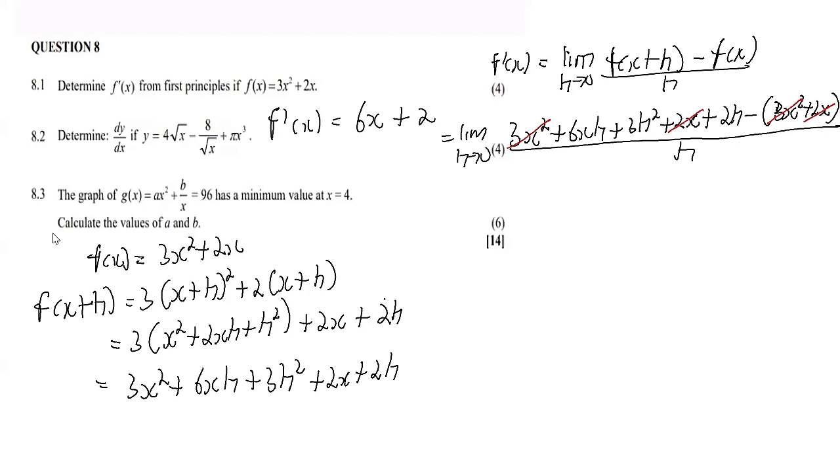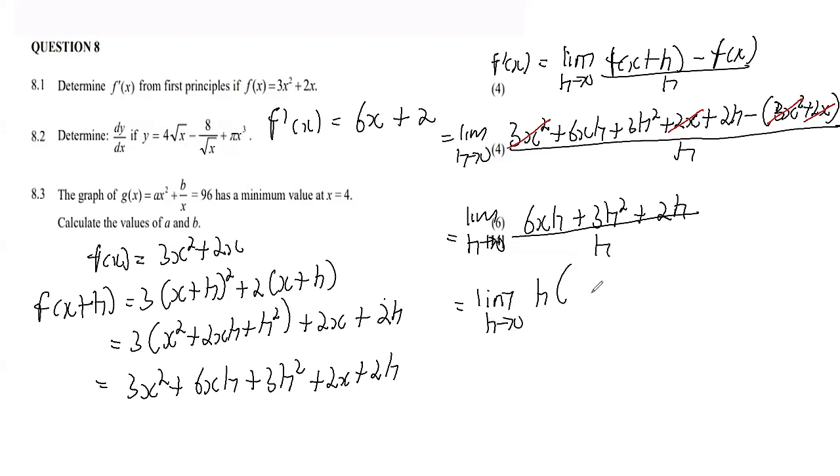So that means we are only left with the limit as h approaches 0 of 6xh plus 3h squared plus 2h, and then over h. Now looking at these three terms, we can see that there is a common factor of h. So what do we do with a common factor?